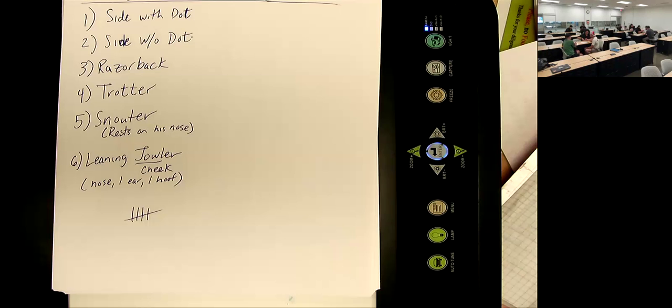How many rolls have we done? Nine times. Razorback and then dot. Two dots. No dots.